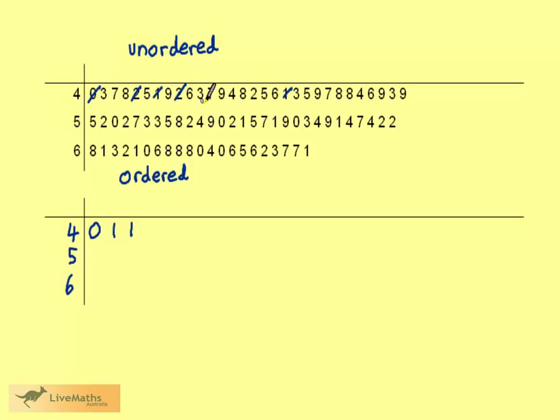We can then see that we have 3 2s. We also have 4 3s. And we continue with this process until we've completed the stem and leaf in an ordered fashion.